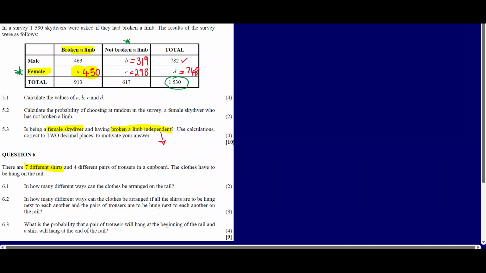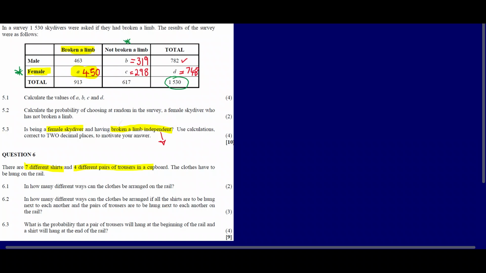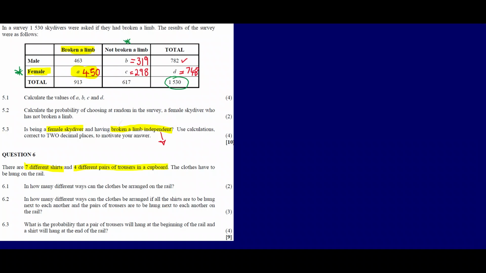So question 6, there are 7 different shirts and 4 different pairs of trousers in a cupboard, and the clothes have to be hung on the rail. Question 6.1 asks: in how many different ways can the clothes be arranged on the rail? So let's take a look at 6.1.